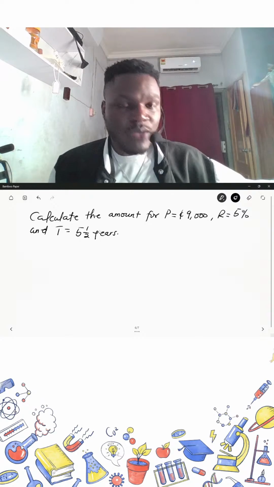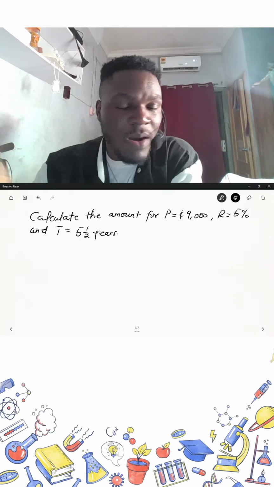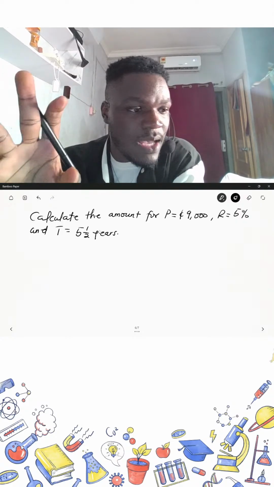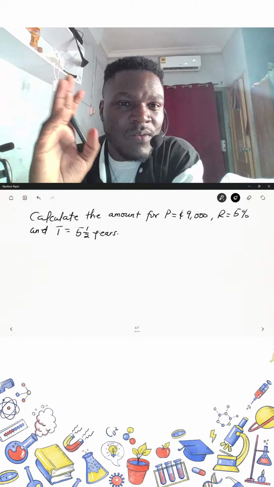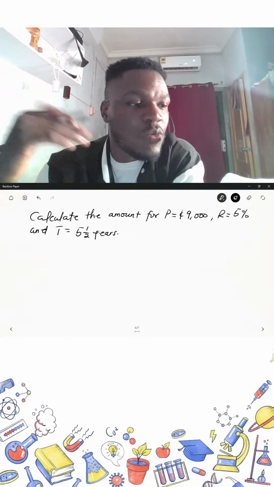So you have to calculate the amount that a person will pay if they borrow 9,000 cedis at a rate of 5% for a period of 5.5 years. Calculate the amount that they will pay.